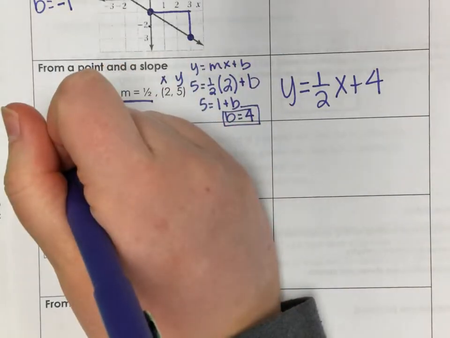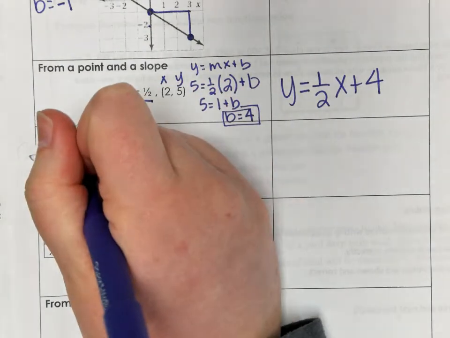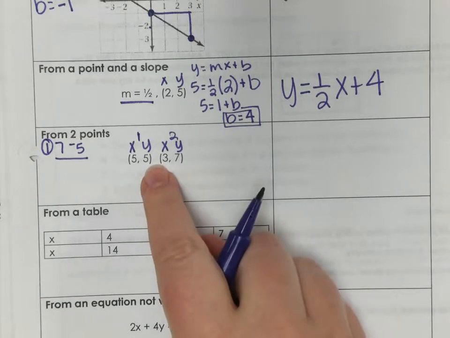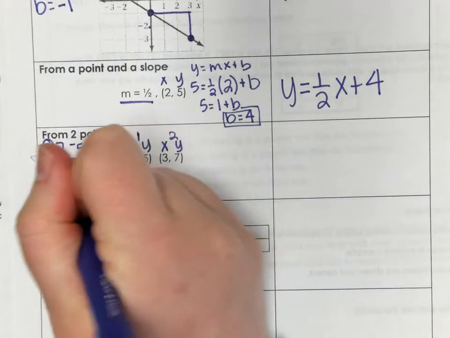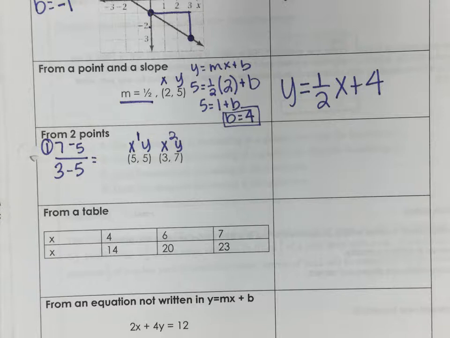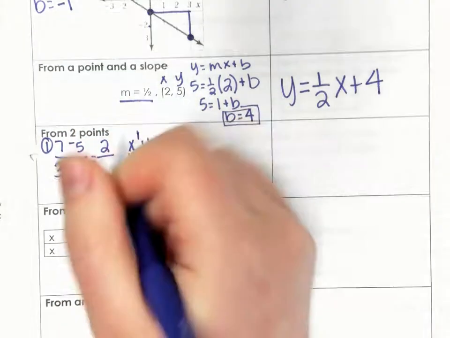So y2 is 7 minus y1 is 5. x2 is 3 minus x1 is 5. 7 minus 5 is? 2. 3 minus 5 is?